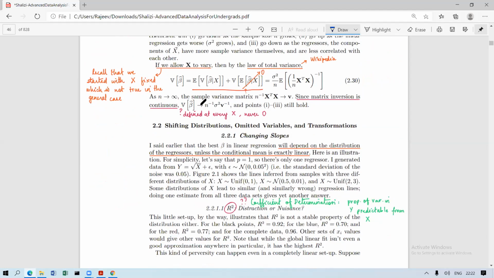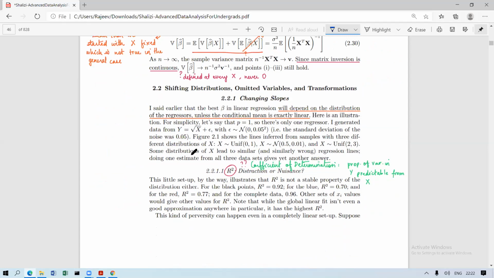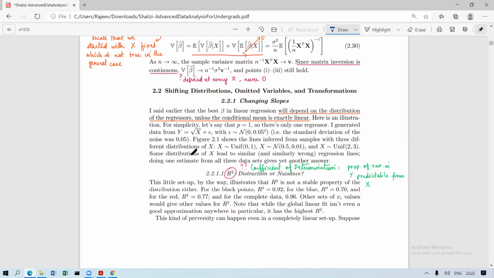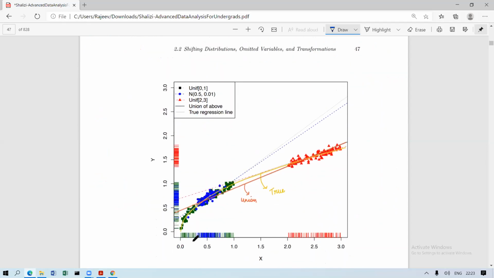Now in this next section he is telling about how changing different things affects your optimal predictor of beta. First of all, beta depends on x as well. He has shown this diagram, this is a true regression line, the dotted one. If these blue samples are the X you have sampled, then the optimal fit would be this blue line.